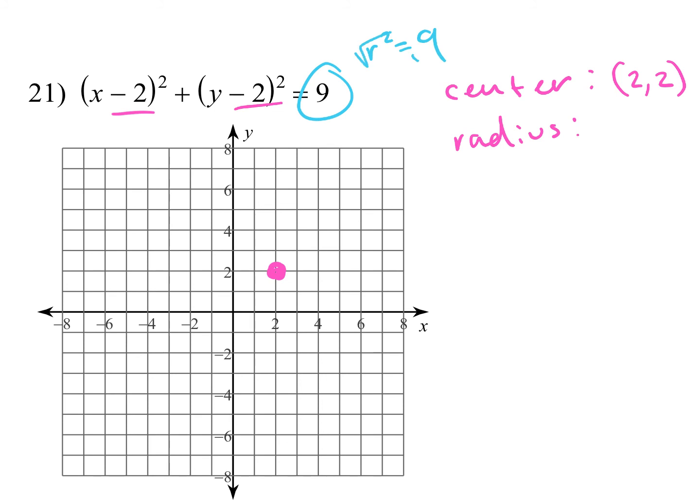If we take the square root of both sides, r is equal to 3. So our radius is 3. That means we just count 3 in every direction from our center. So we go to the right 3, up 3, left 3, down 3, and connect the dots. Any questions here?